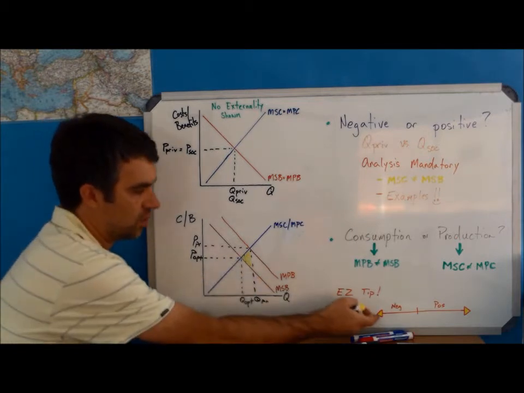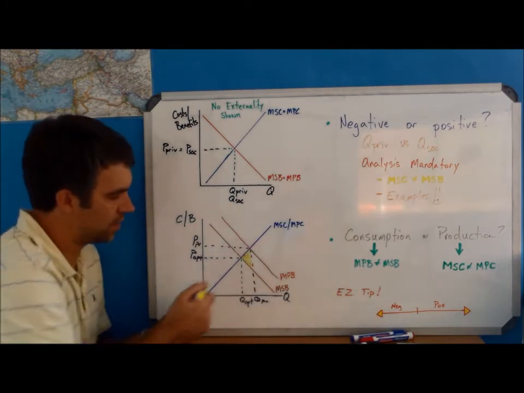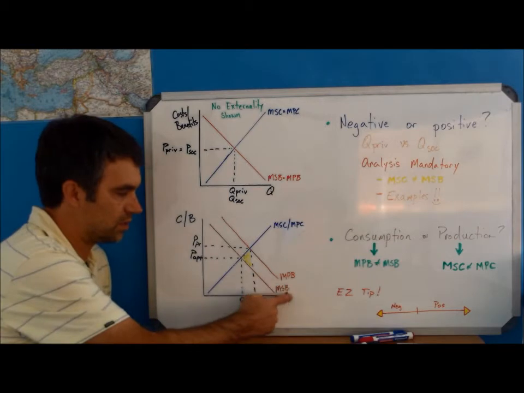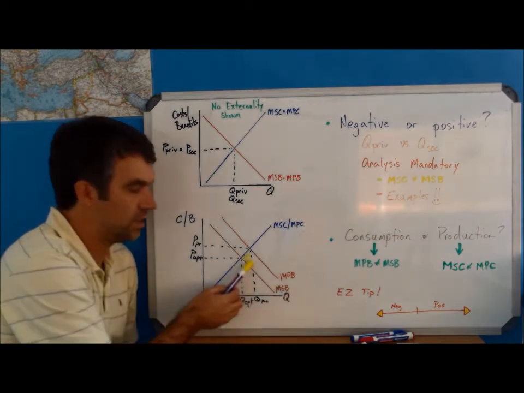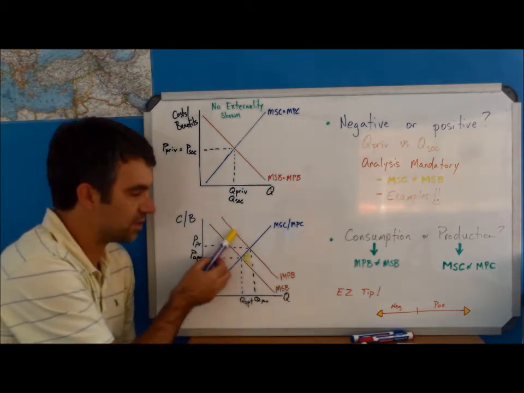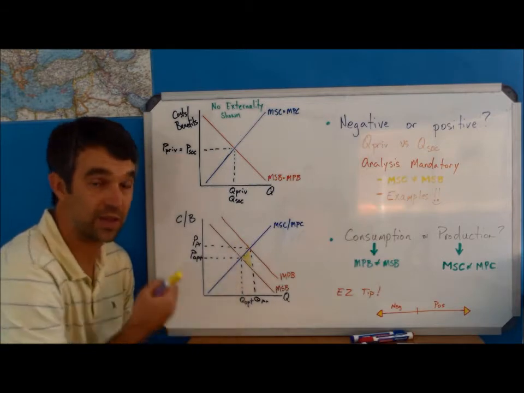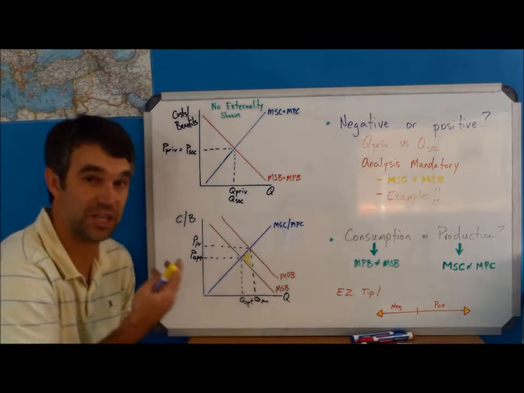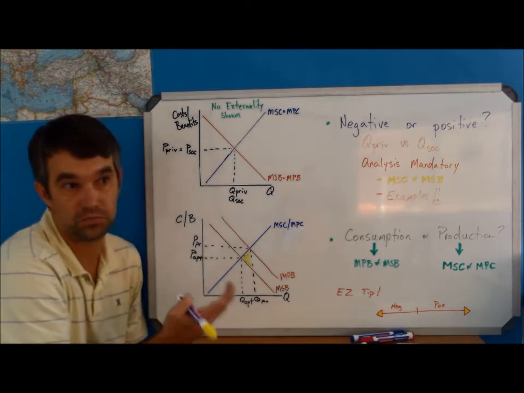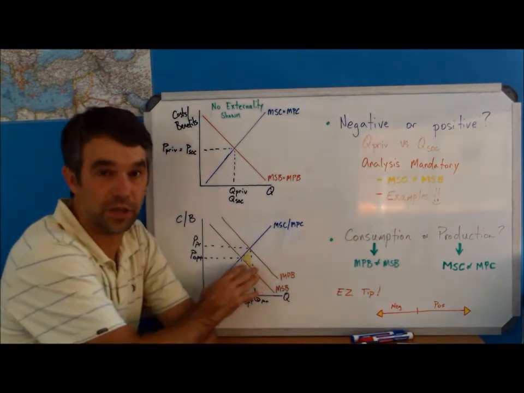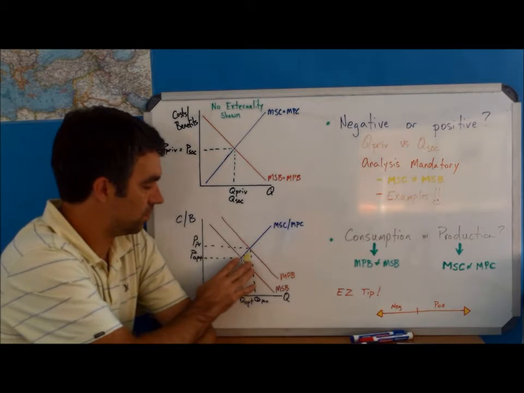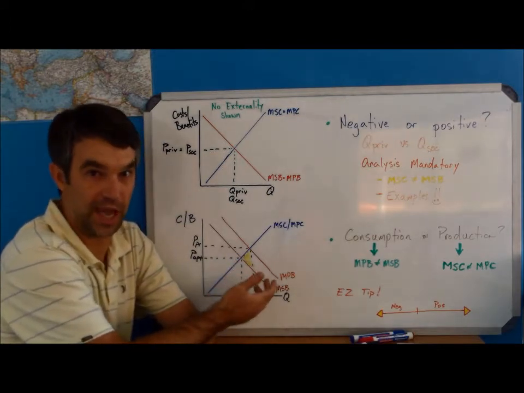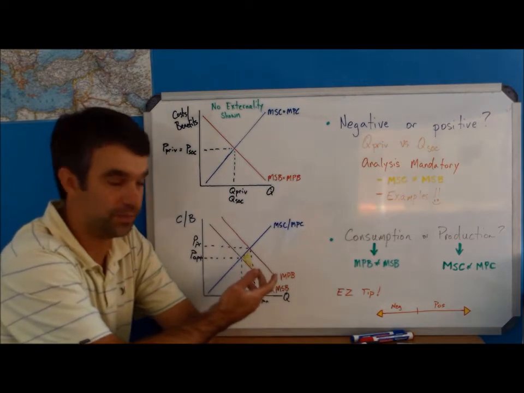So this means that it's going to be a negative externality, and it's a negative externality of consumption because we see two benefit curves. This can exist when someone is consuming a product and their consumption of that product takes away from the benefit or the enjoyment of somebody else. An example of a good that might produce the effect that we're seeing here would be someone who buys a really loud stereo for their apartment.